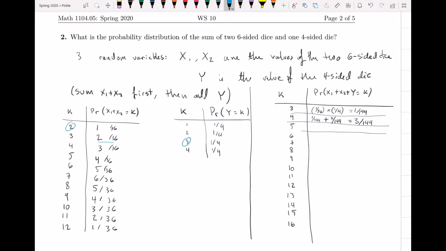So we'll have 1 over 144 plus, again, we increment this one, decrement this one. Now we have 2 over 144, and again, we increment this one, decrement this one, and then we have 3 over 144. That equals 1 plus 2 plus 3, which is 6 over 144.